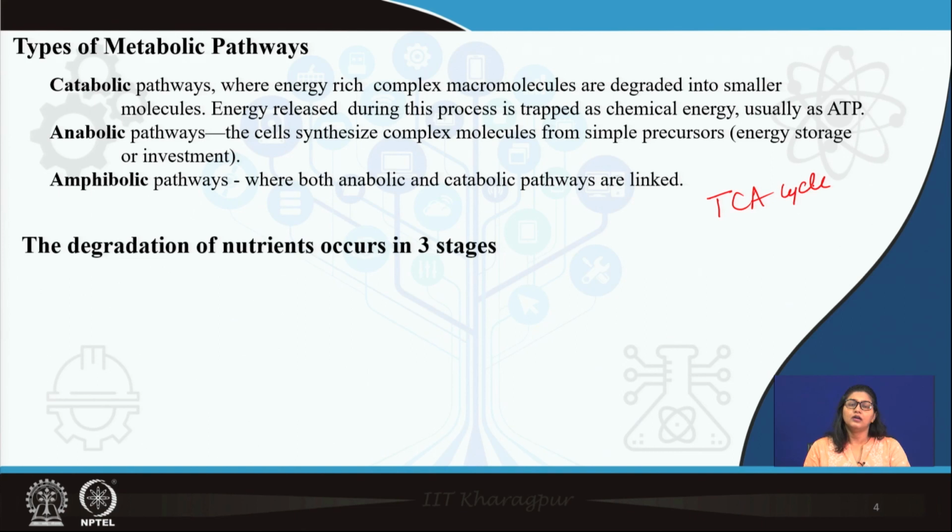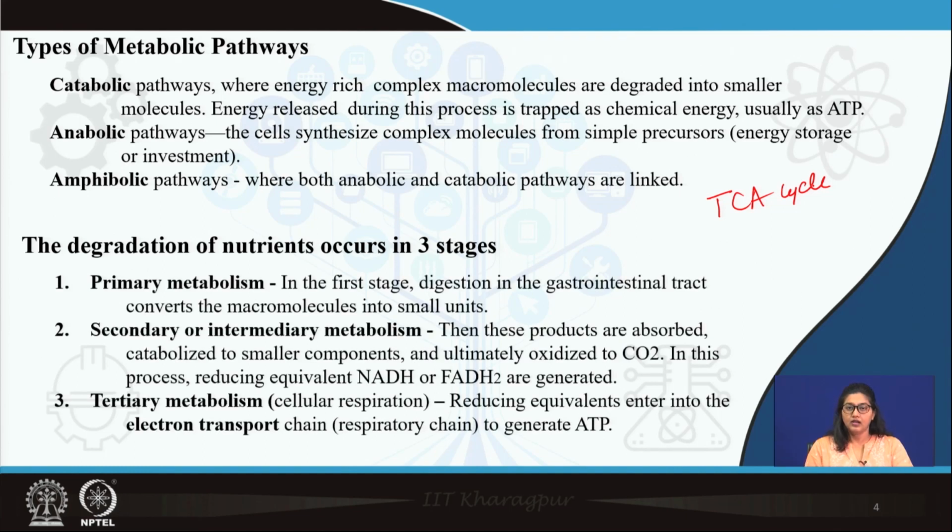Now the nutrients, their degradations occur in three stages. First is the primary metabolism, that is about digestion. So basically in the first stage the nutrients are digested in GI tract and then absorbed in smaller units. Now those smaller units undergo secondary or intermediary metabolism.